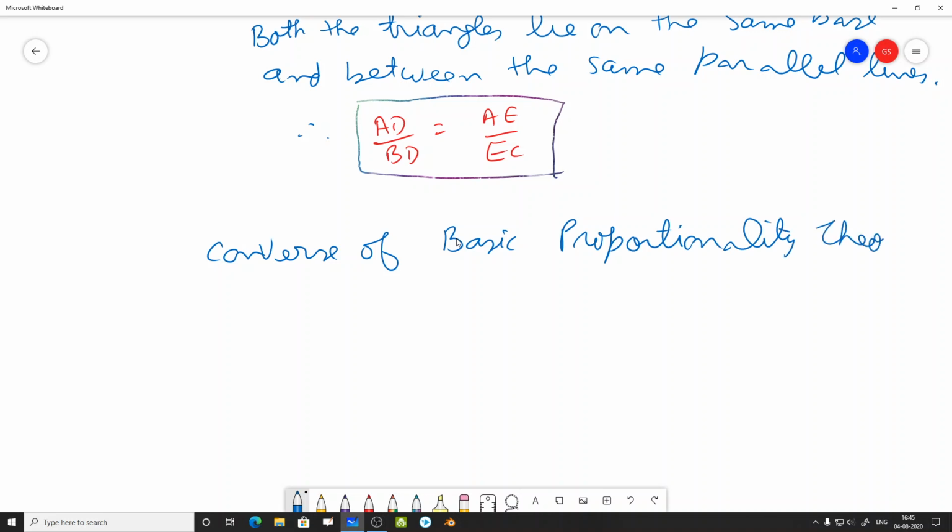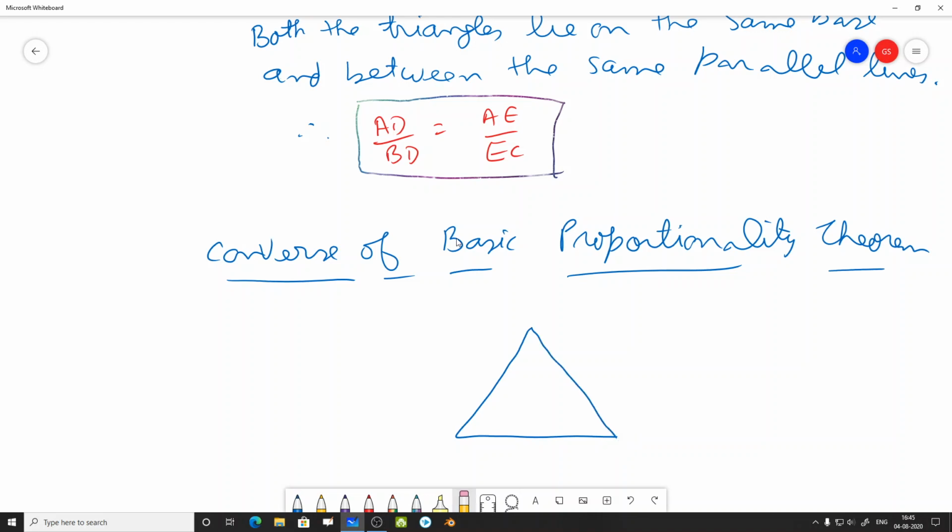First we'll see this diagrammatically, and then we'll write the statement. Suppose we have a triangle, here this is A, that is B, and this is C, and suppose there is a line, and this is DE.